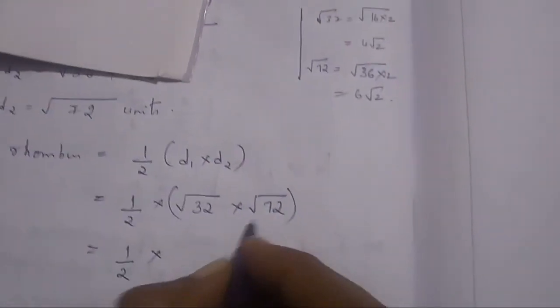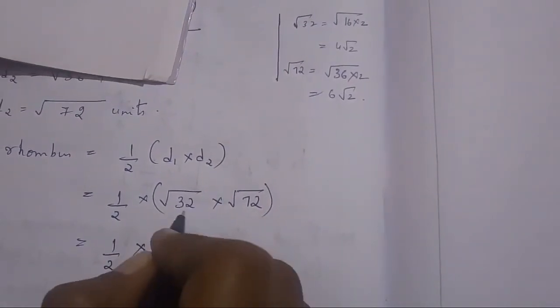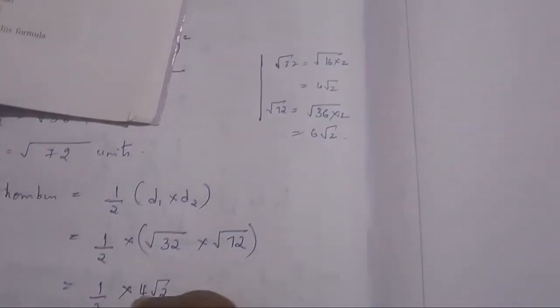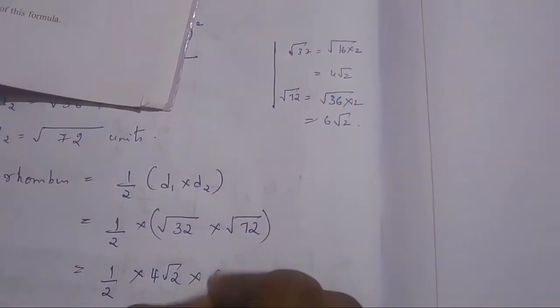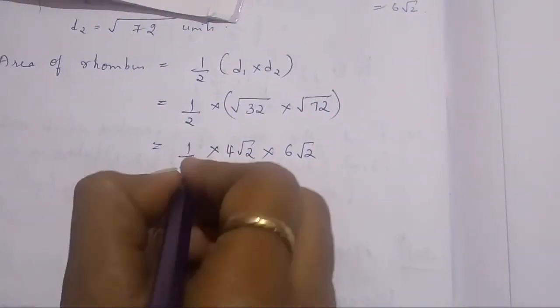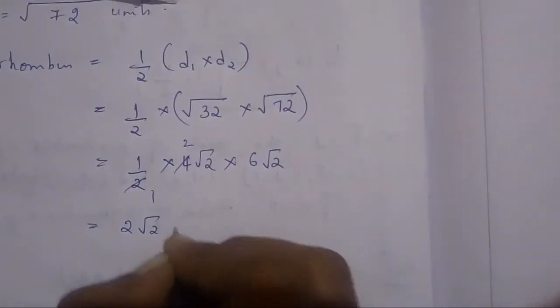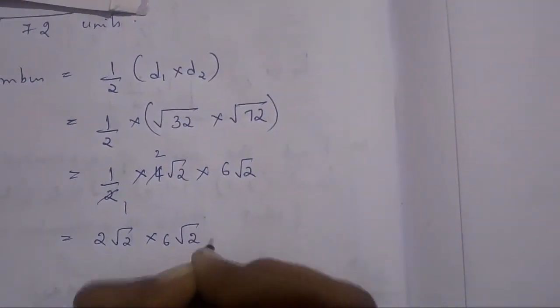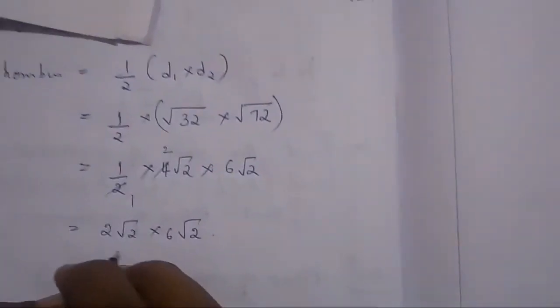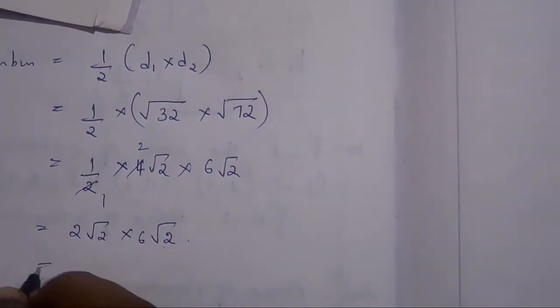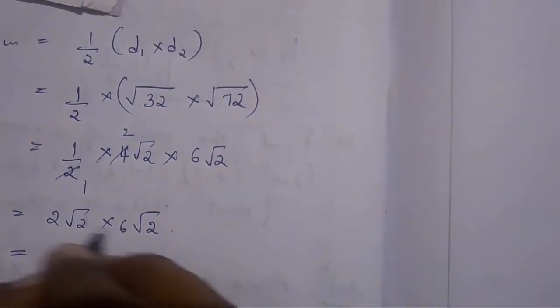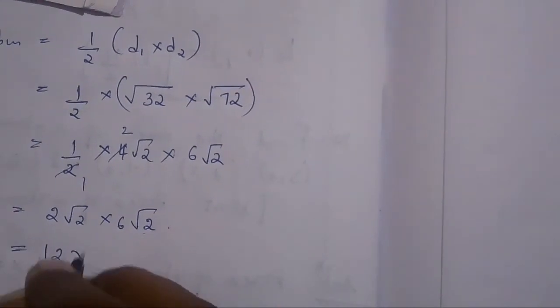Now substitute the values: root 32 is 4 root 2 into root 72 which is 6 root 2. Now cancel: half into 4 root 2 into 6 root 2. Now multiply: 6 twos are 12.